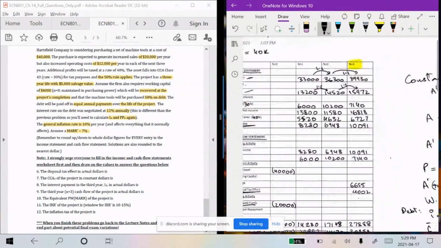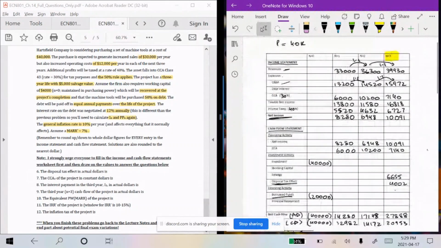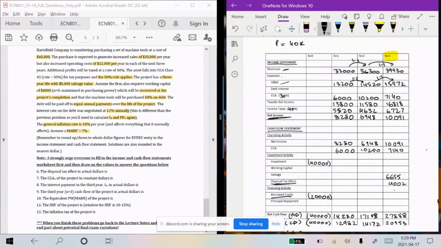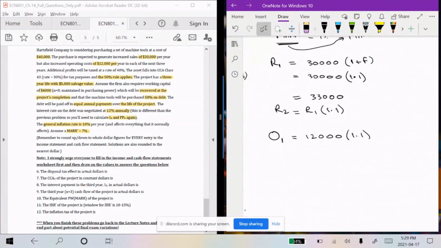Now, to calculate the CCA, this is where we use the chapter 8 material. CCA at 30%. CCA 1 equals, we took the investment as 40,000. One thing about the CCA is that it doesn't undergo inflation, so you don't need to worry about converting it to actual dollars.